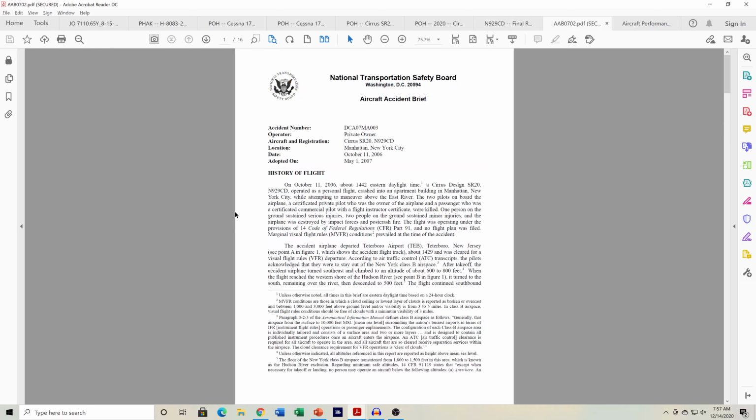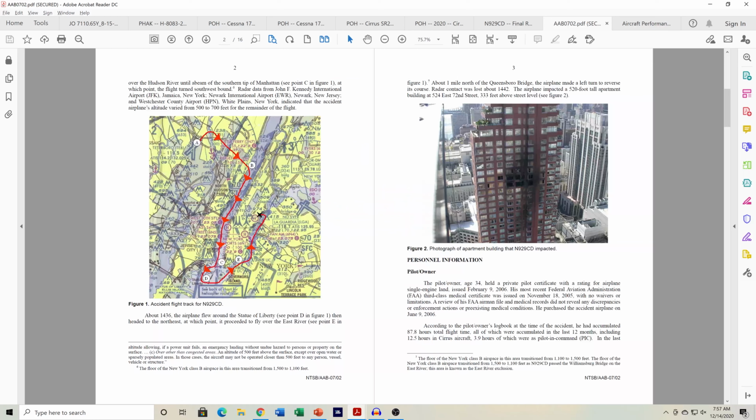If you were to go through this, and I'm not going to go through it in particular detail, you're welcome to, of course, but they took off from Teterboro, they went down the Hudson, kind of took a look at the Statue of Liberty, they went up the East River, and as they were coming up the East River and they were focusing on having to deal with some restricted airspace up right next to LaGuardia, what they were trying to do was a quick left 180 and go back down the East River and so on.